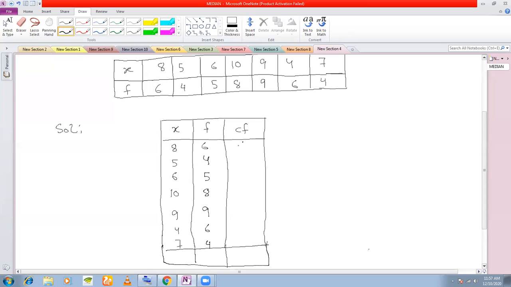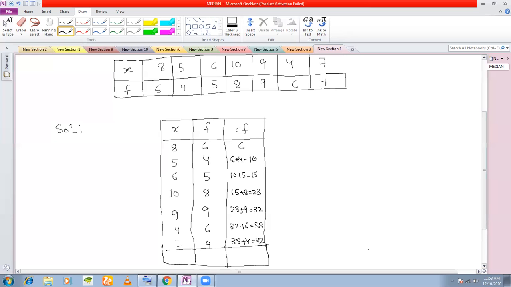First cumulative frequency will be 6. Next one will be 6 plus 4 equal to 10. Next one will be 10 plus 5, 15. Next one will be 15 plus 8, 23. Next one will be 23 plus 9, 32. 32 plus 6, 38. And 38 plus 4, 42. These will be the cumulative frequencies.